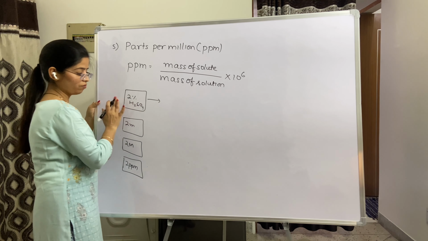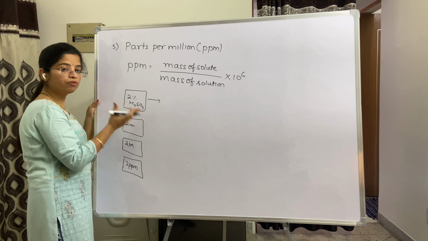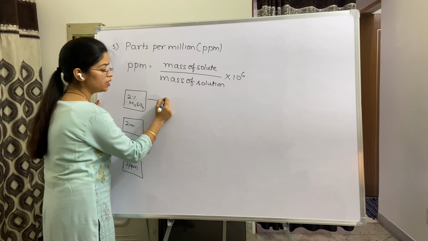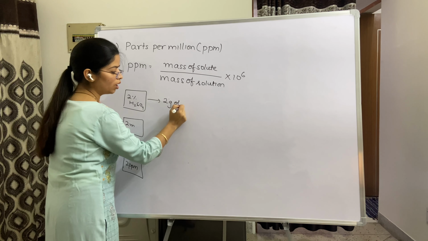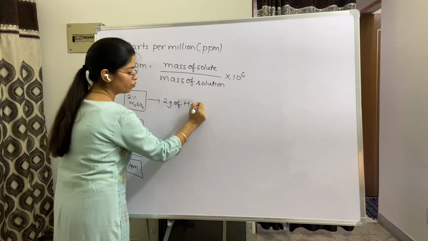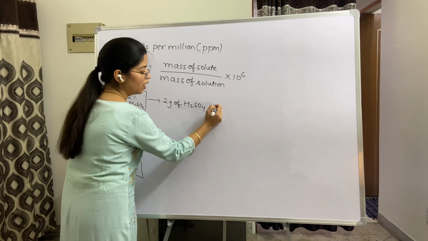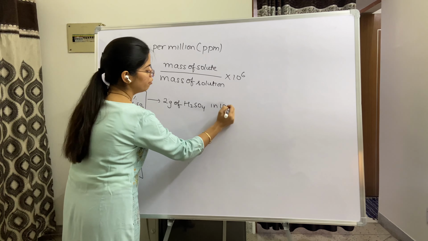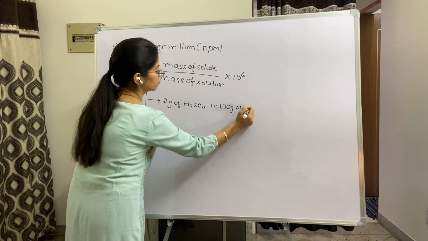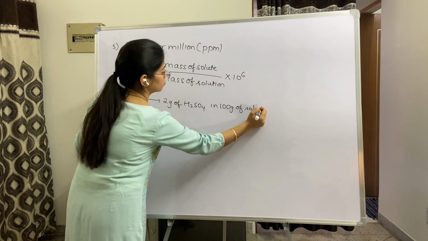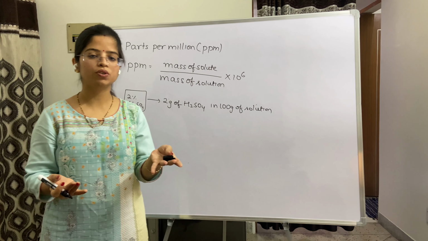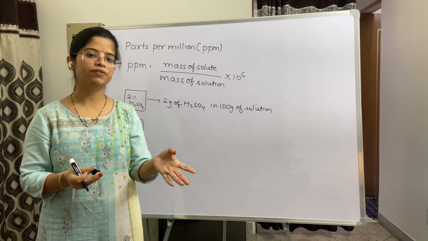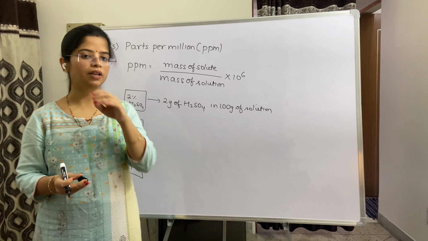What is the meaning of 2% of H2SO4? It means 2 gram of H2SO4 is present in 100 gram of solution. So if it is written 5% of H2SO4, it means 5 gram of solute is present in 100 gram of solution.